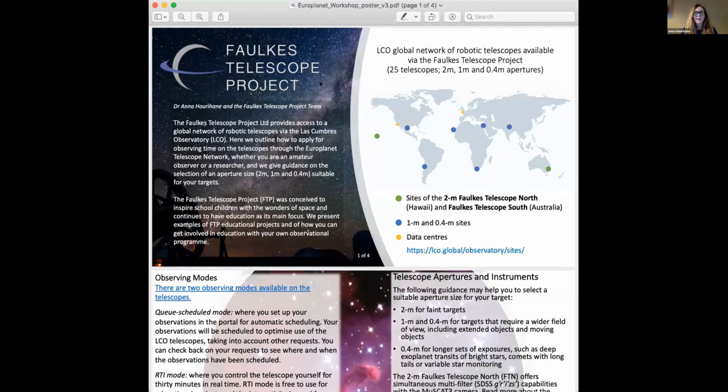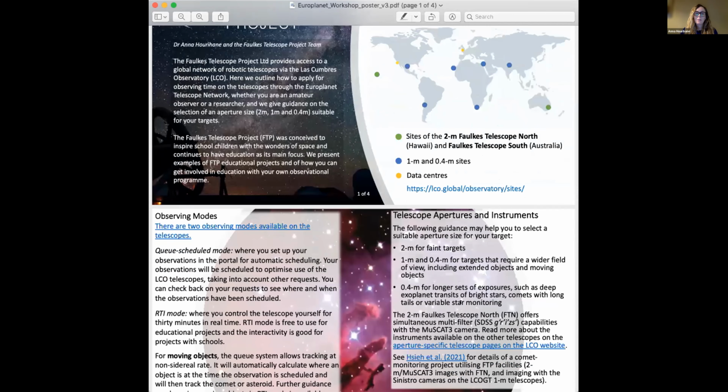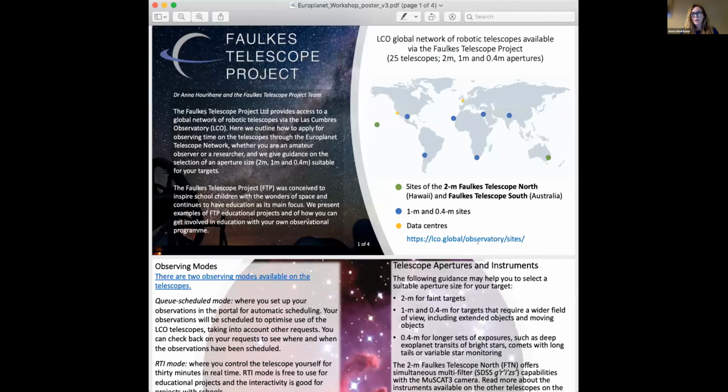So I'd like to draw your attention to the Faulkes Telescope Project facilities as one of the facilities in the Europlanet Telescope Network. I have a few slides for my poster to promote our facilities and to show you what facilities are available and how you can use them for your observations.